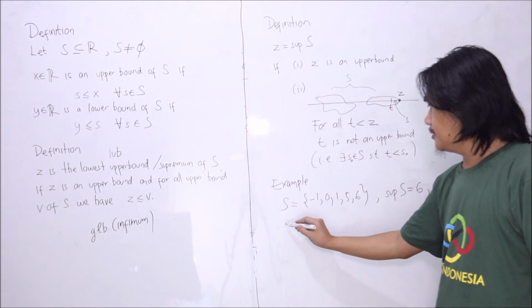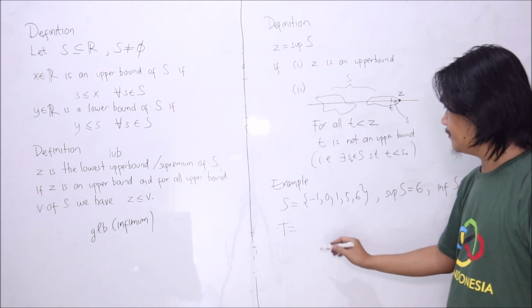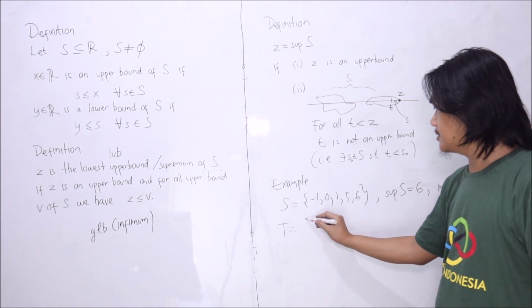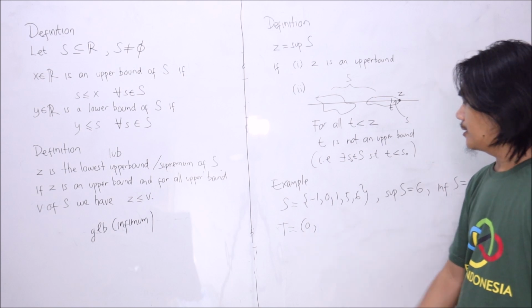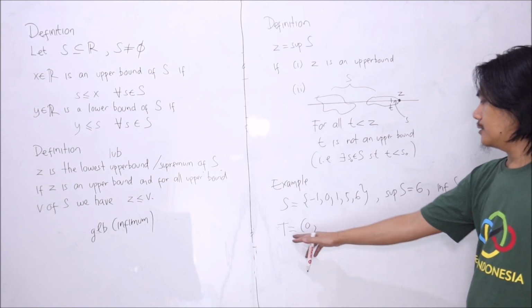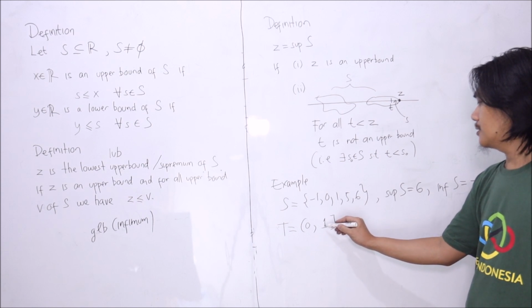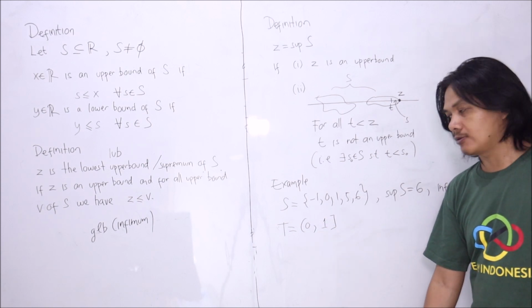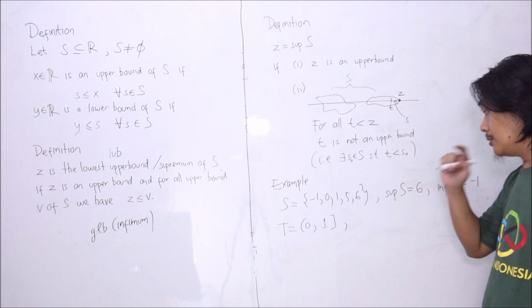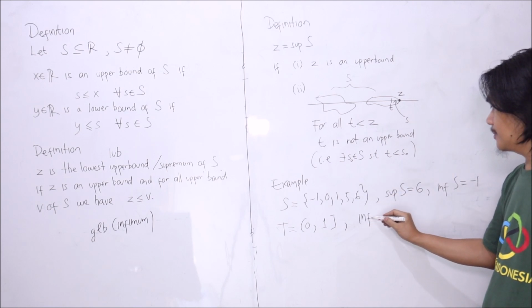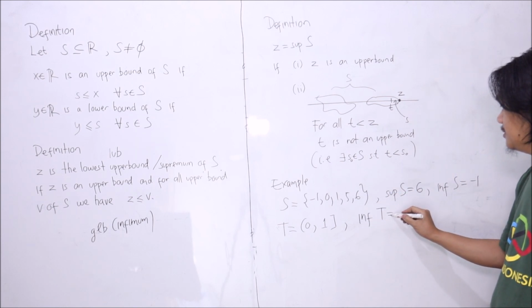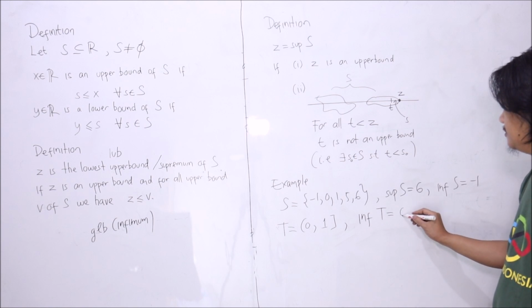Another one: let's say another set, this capital T, is the interval from 0 to 1, including 1 but excluding 0. So what is the infimum? The infimum of T is 0.